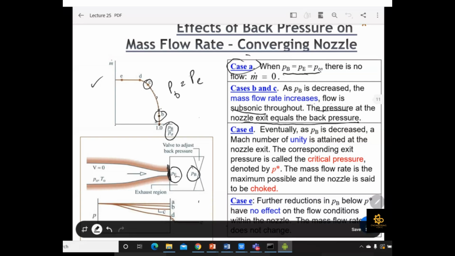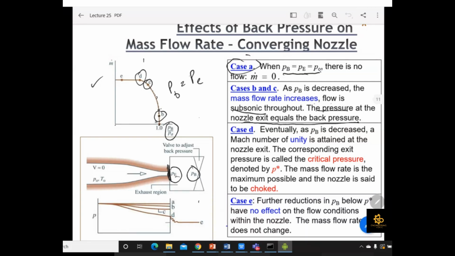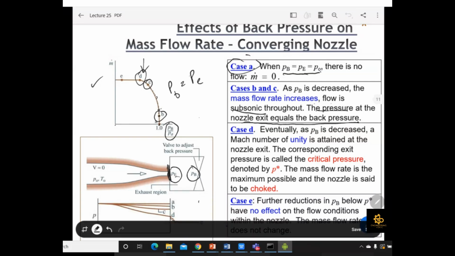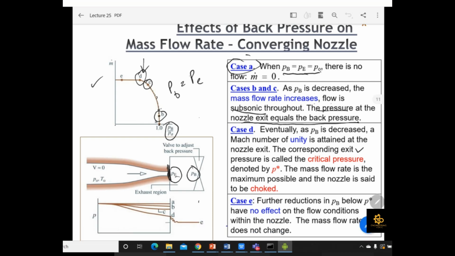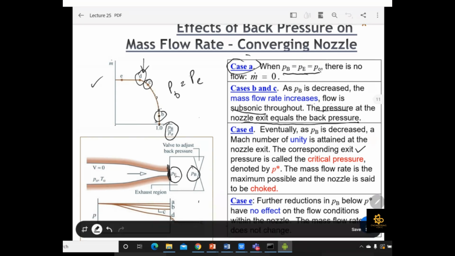Now for case D. Notice point D over there. As PB is decreased further, at some point we get a Mach number of unity, attained at the nozzle exit, and the corresponding exit pressure is called the critical pressure.